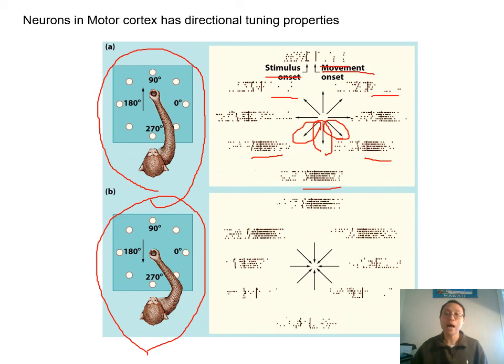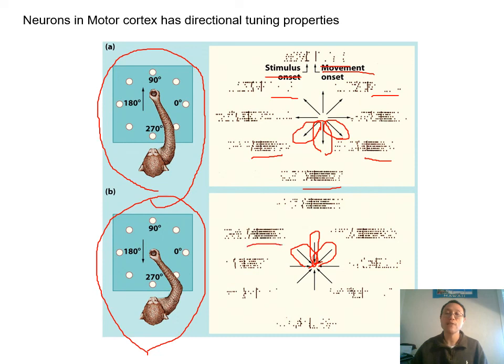Now in the opposite task, going from periphery to center, this exact same cell still prefers the activity going downward. From the periphery going to the center, for the downward position, all of these three, you can see a lot of activity during the movement onset phase.